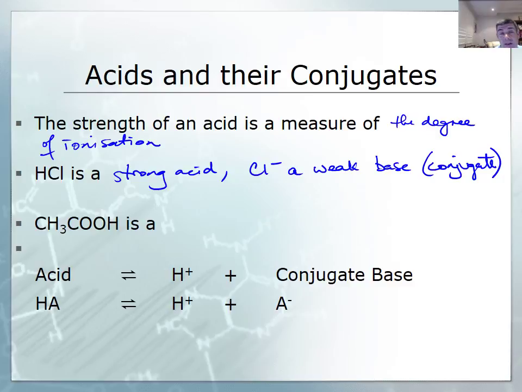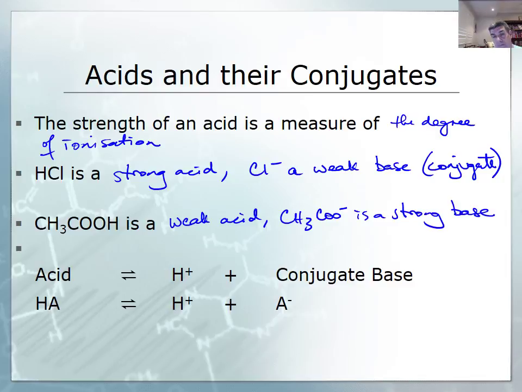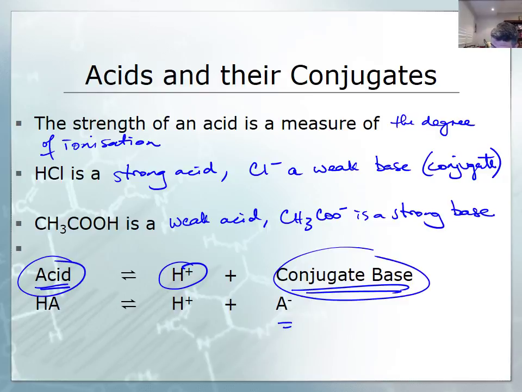On the other hand, acetic acid is a weak acid, and as a consequence, its conjugate base is a strong base. The general formula then is that the acid goes to the H+ ion, which it's going to donate, and what is left, the anion, is called the conjugate base. The acid and its conjugate base form the conjugate pair.